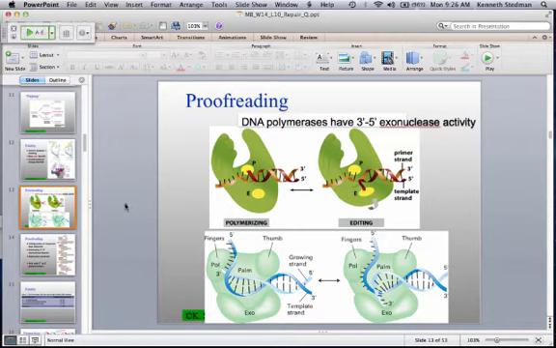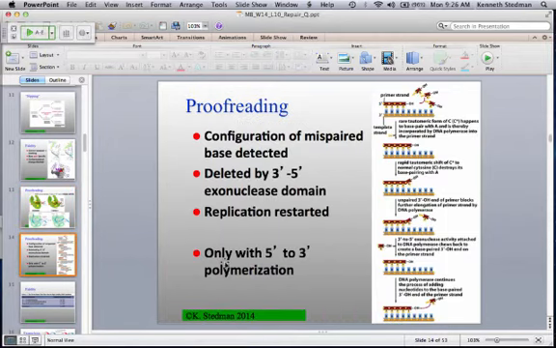The proofreading activity takes place through a particular domain of the DNA polymerase. And so we talked about domains before. These are separate parts of the protein, fold up into their own structures, and very often that structure is going to give you a function, and this particular function is a proofreading exonuclease activity. So a backing up exonuclease activity.